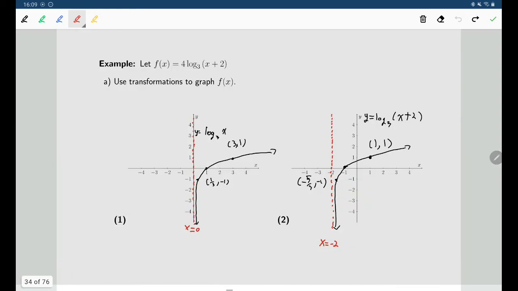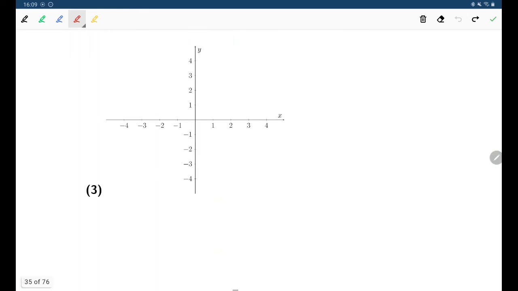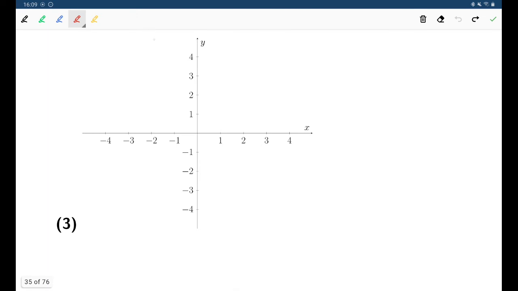So let's graph that. So we have still our vertical asymptote, x equals negative 2. Now we'll just take our points. We had the point 1, 1. We've stretched it vertically by a factor of 4 to give us the point 1, 4. We had the point negative 1, 0. Multiply the y-coordinate by 4, it's still negative 1, 0.